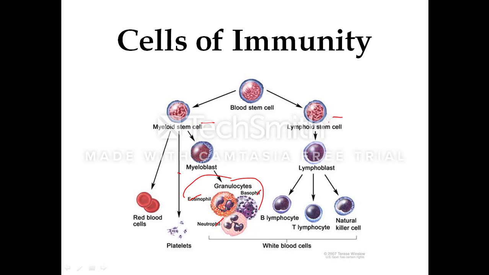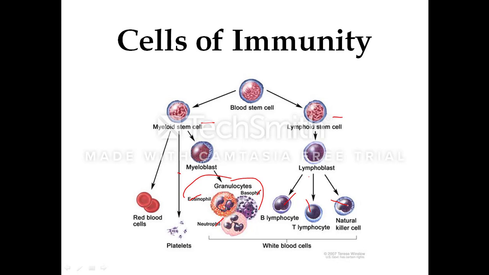Next comes the lymphoid stem cell, which also originates from the blood stem cells by the process of hematopoiesis. From the lymphoid stem cell, the lymphoblast finally forms either B lymphocytes, T lymphocytes or natural killer cells.